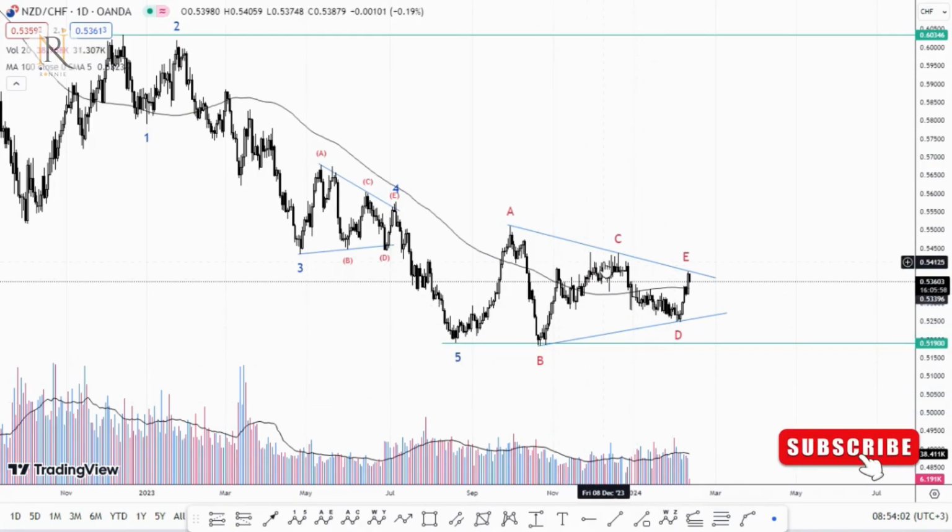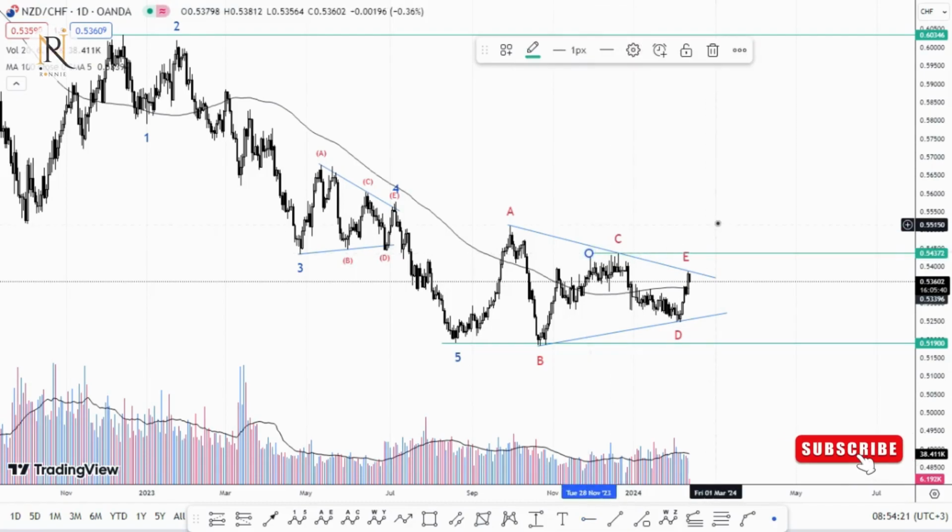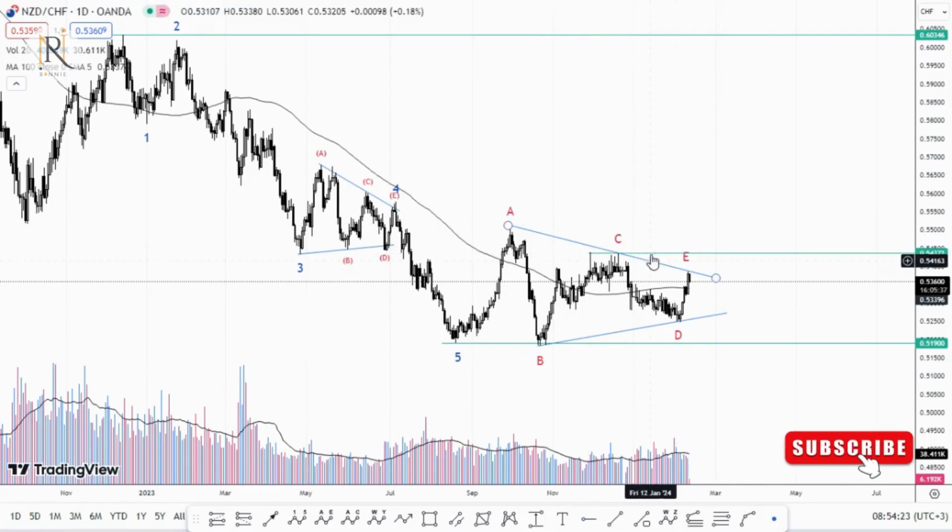The rule is the market might trade past the line, just as in this case. But what you need to ensure is that the market doesn't trade above point C. So long as the market doesn't trade above point C, this still stands as a valid setup.